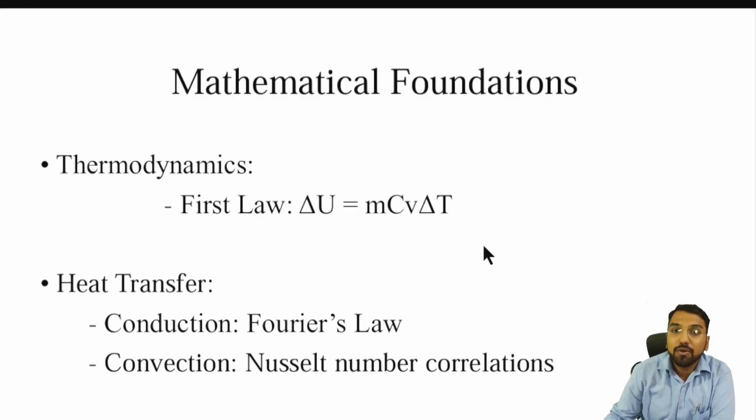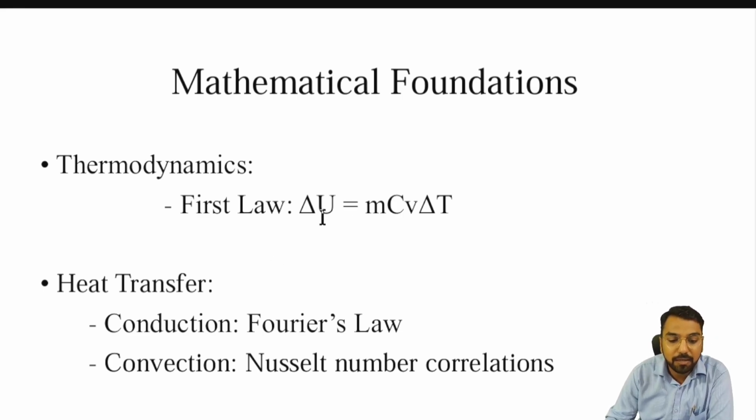For that constant pressure process, the change in internal energy is m Cp delta T, where Cp stands for specific heat at constant pressure. So in thermodynamics we deal with this mathematical foundation for internal energy change, and in heat transfer, as we saw in previous slides, for conduction we will see Fourier's law, and in convection the Nusselt number correlation in further lectures.